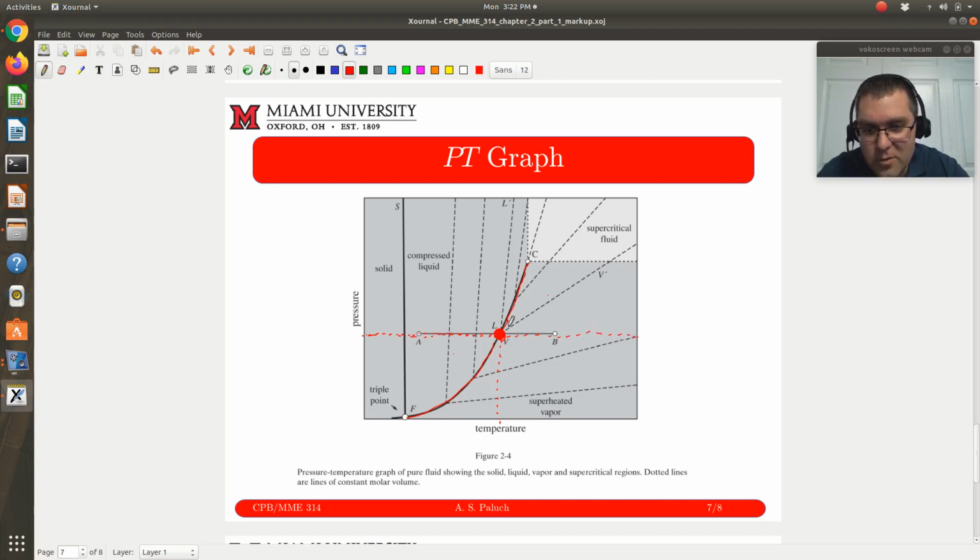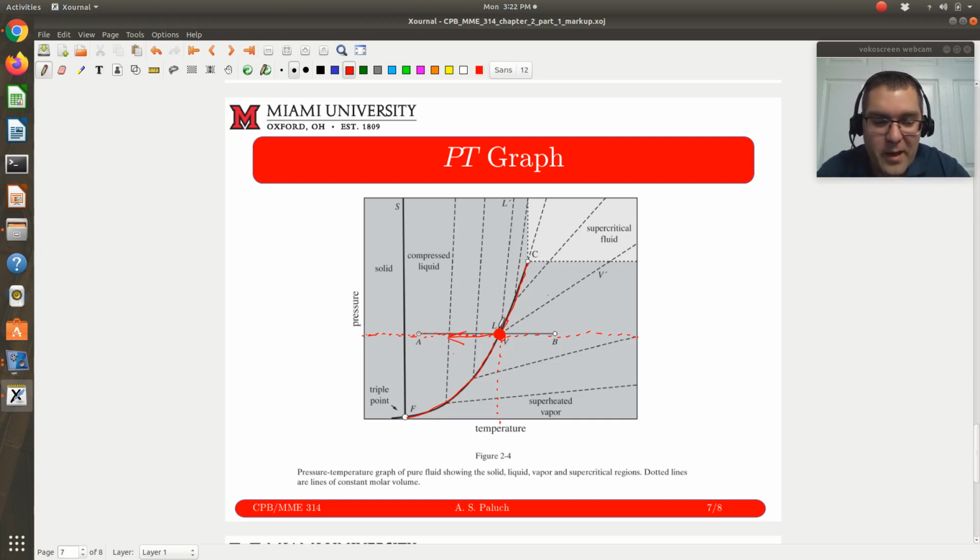The first thought exercise is I'm at this point, and I'm going to keep pressure constant. If pressure is held constant, but I decrease temperature, that would correspond to moving to the left along this isobar. This horizontal line is an isobar, a line of constant pressure.